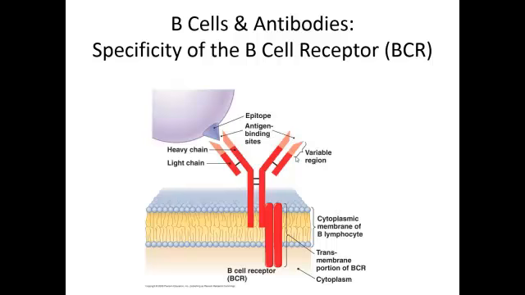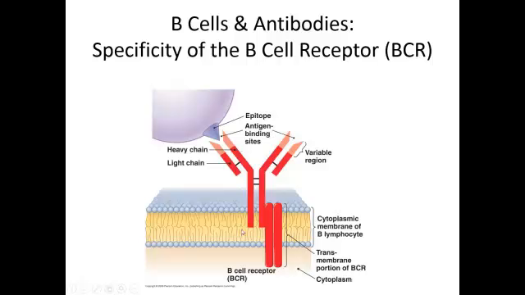So what happens is, within the cell, genes are shuffled. Everybody's born with a certain number of genes that code for this variable region. And within each B cell, as they're developing in the bone marrow, they produce a different order that each leads to a different variable region.